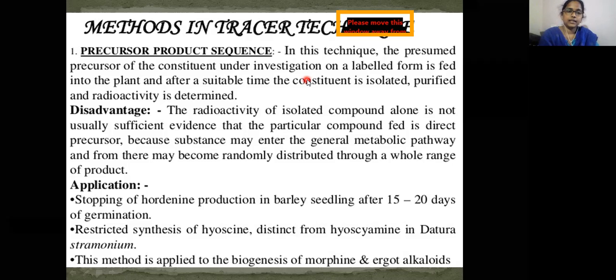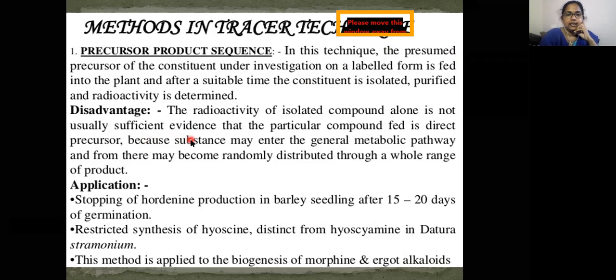After that, isolate the constituents, purify them, check for the radioactivity, and then establish the precursor intermediate product relationship.